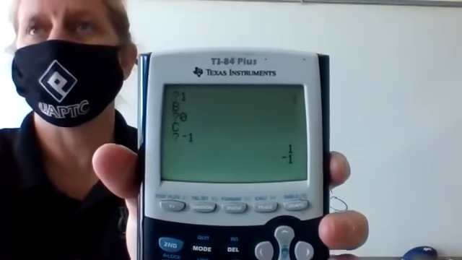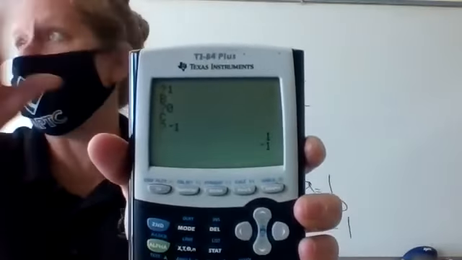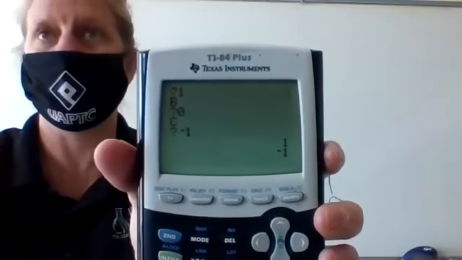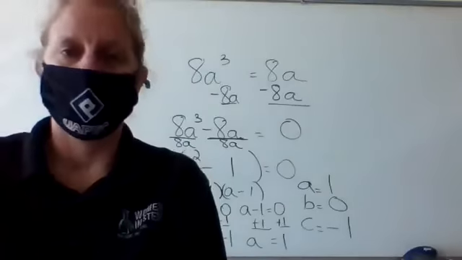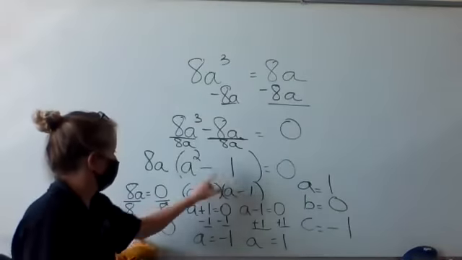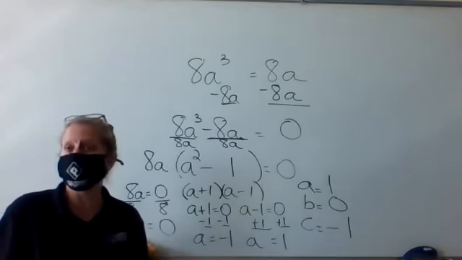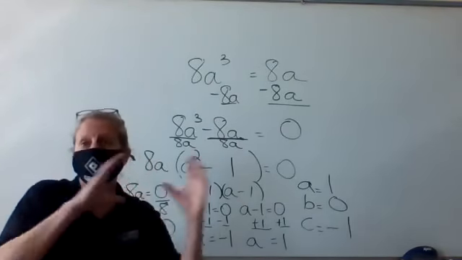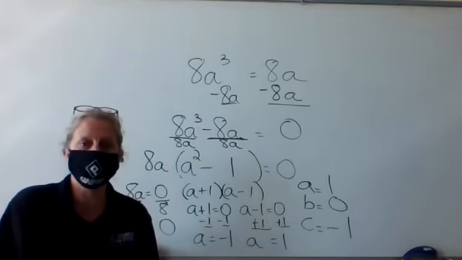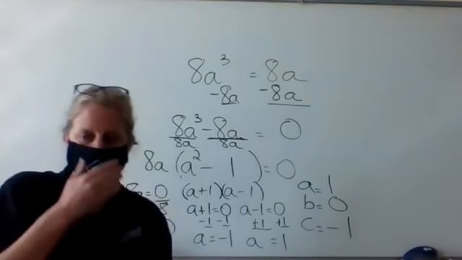And there's your other two answers, like we got when we did it by hand with the factoring, positive 1 and negative 1. Which is what we got when we said, oh, I can take that to quad, or if you recognize right off the bat that that's just a difference of squares, you could just do it by factoring. It's the same thing. You're going to get the same answer.